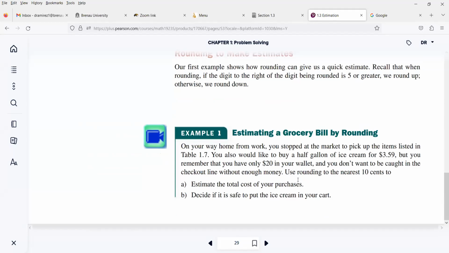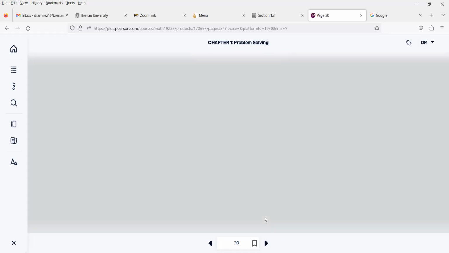You also would like to buy a half gallon of ice cream for $3.59. But you remember that you have only $20 in your wallet, and you don't want to be caught in the checkout line without enough money. Use rounding to the nearest 10 cents to estimate the total cost of your purchases and decide if it is safe to put the ice cream in your cart.